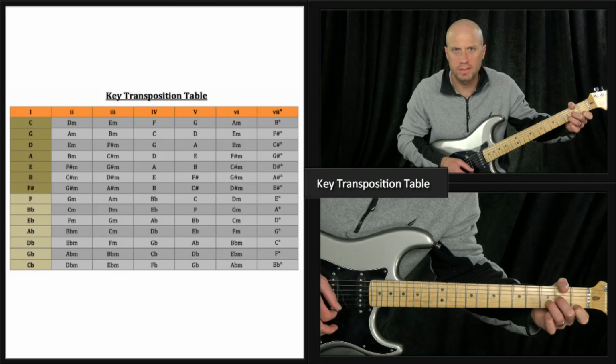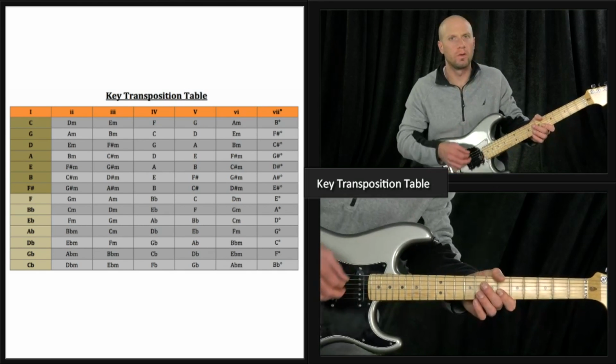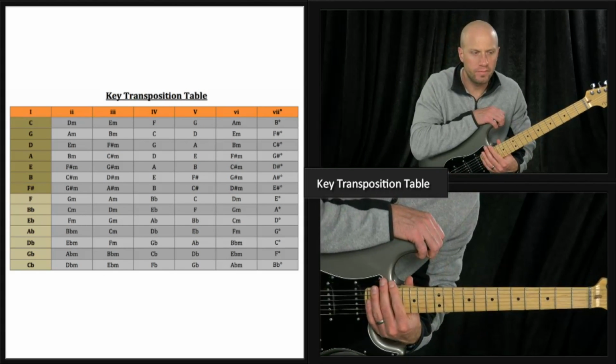Our tonal center is D minor. We have a major 4 chord and a minor 5 chord.